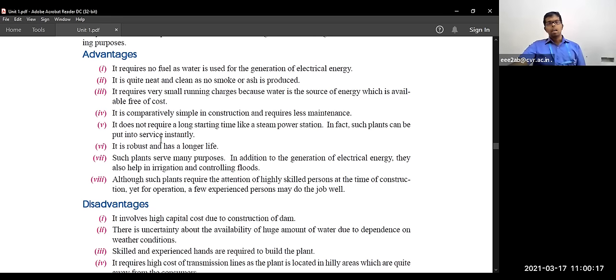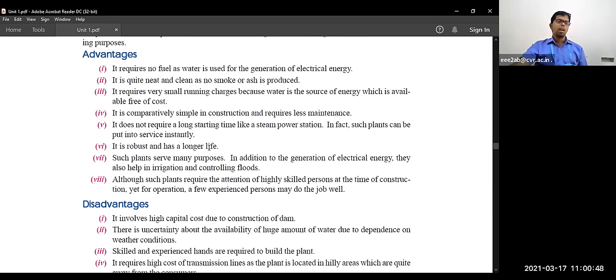Whereas in a hydropower station, you can simply generate the power. It will also take some time, like 5 minutes, not more than that. In fact, such plants can be put into service instantly. In the load dispatch centers, they tell you that suddenly, due to an increase in demand, they need to switch on another 200 megawatts of power.